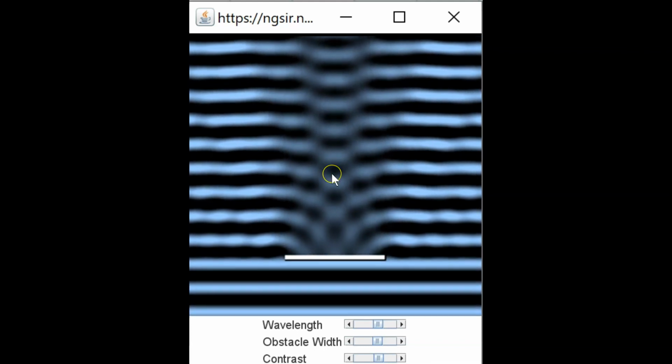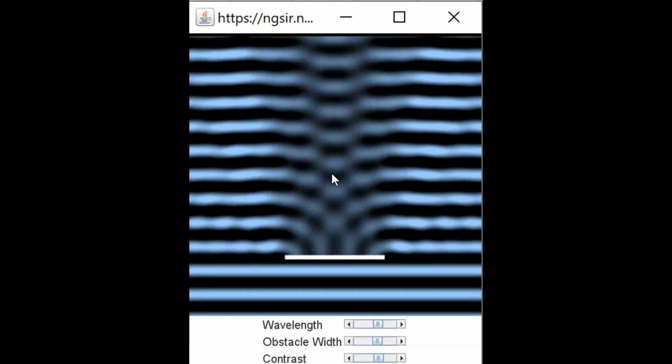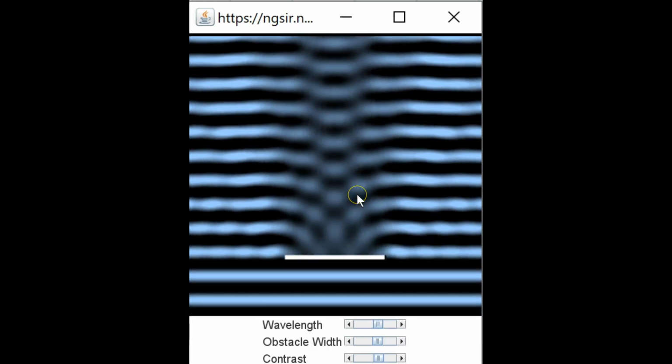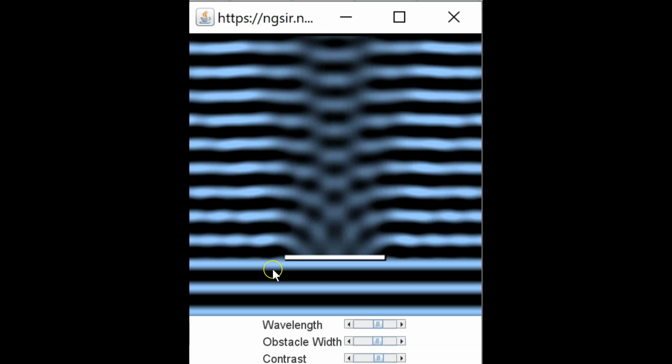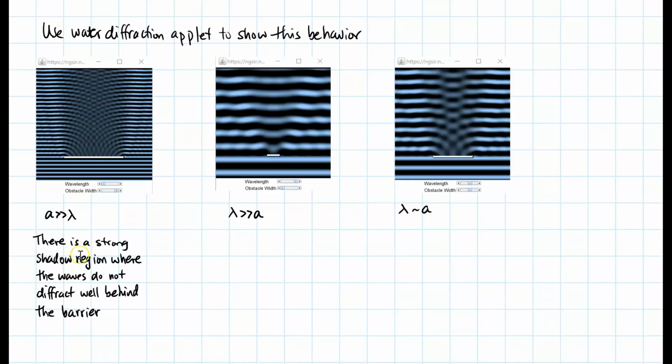So when we start talking about diffraction, it only makes sense to talk about it when the wavelength and the obstacle size are comparable to each other. So in summary here, if the obstacle is much bigger than the wavelength, there is a strong shadow region where the waves do not diffract well behind the barrier. If the wavelength is much bigger than the obstacle, there is very little change in the wave pattern since it doesn't see the obstacle.